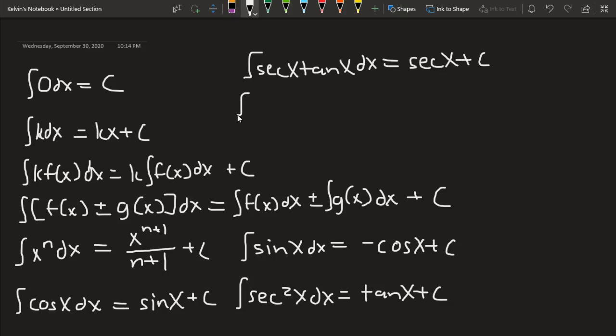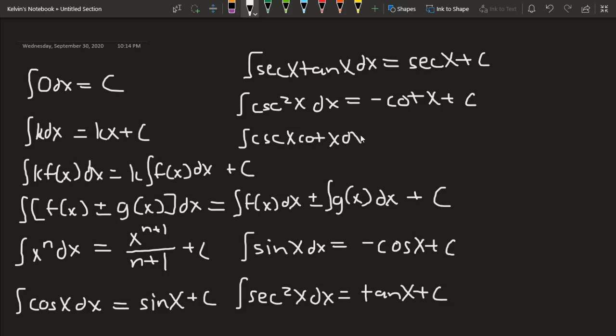And then we have the integral of cosecant squared of x with respect to x is equal to negative cotangent of x plus c. And finally, but not least, we have the integral of cosecant of x times cotangent of x with respect to x is equal to negative cosecant of x plus c.